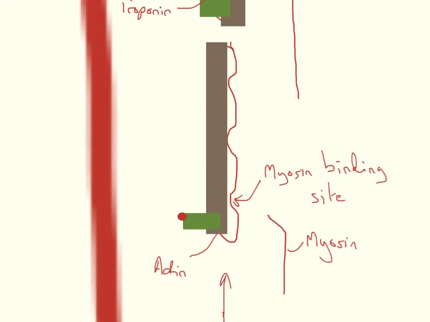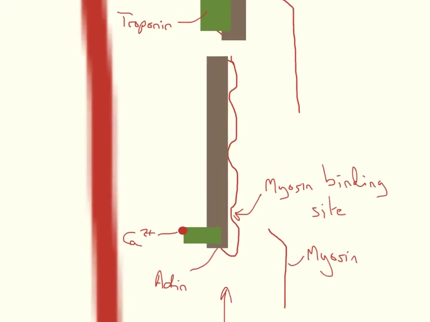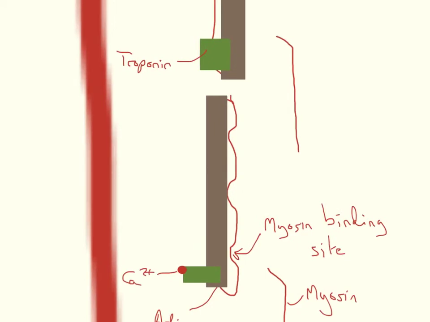And what I've added in now is I've shown what's happened. The calcium ion, this red dot here, has changed the shape of the troponin. If we compare its new shape to its old shape, we can see it's changed shape. Now that change of shape has pulled the tropomyosin away from the binding sites. That means the binding sites are now open.